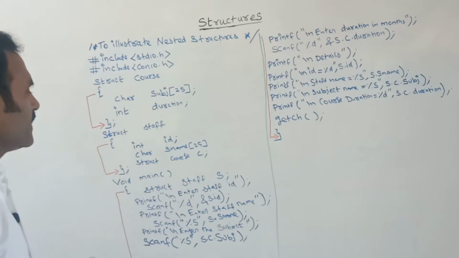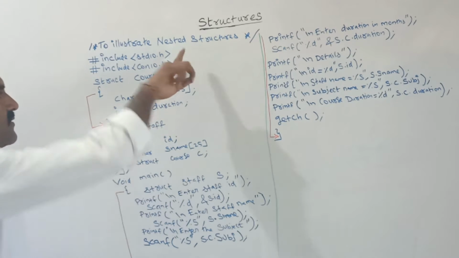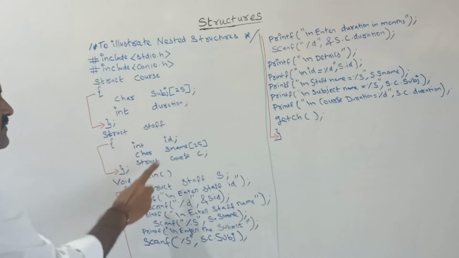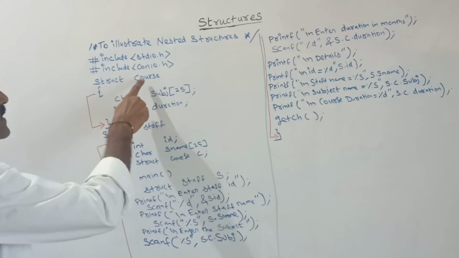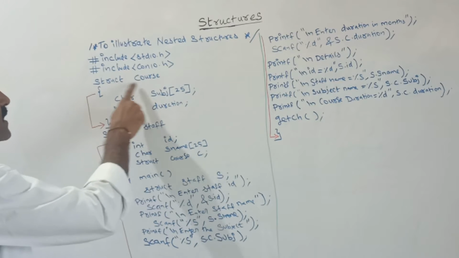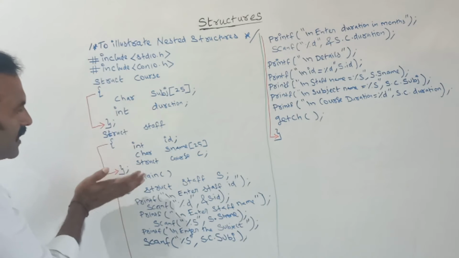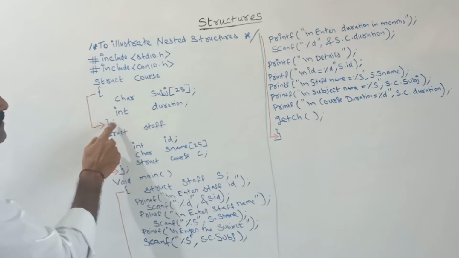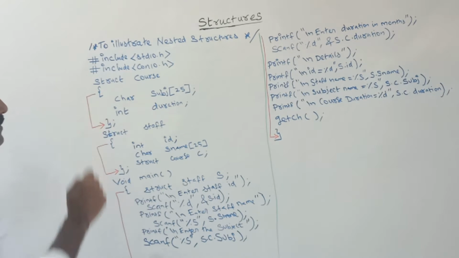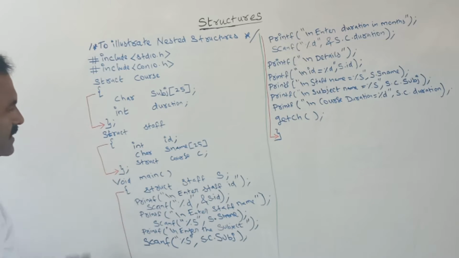After that I had created the structure variable for this first structure. This is structure within structure. Here this is the nested structure. For the structure course, I had created the structure variable as C. After that, each and every structure is closed with a semicolon. Next, for this structure I have closed here with a semicolon.